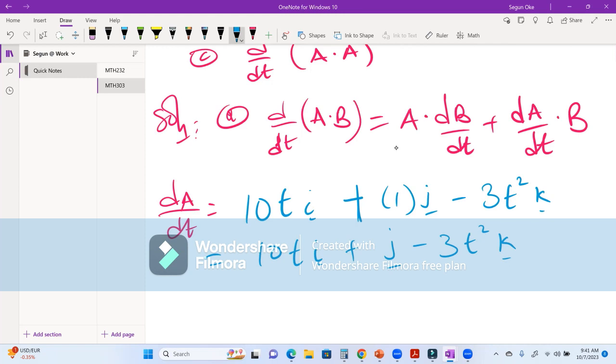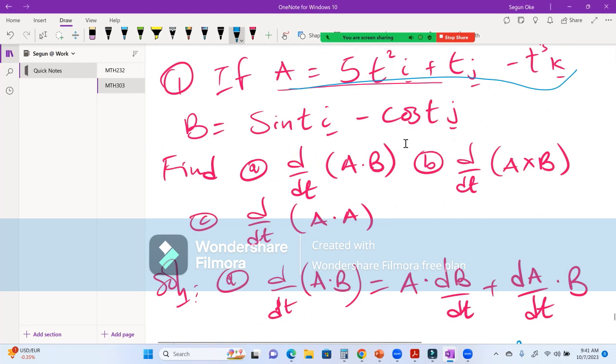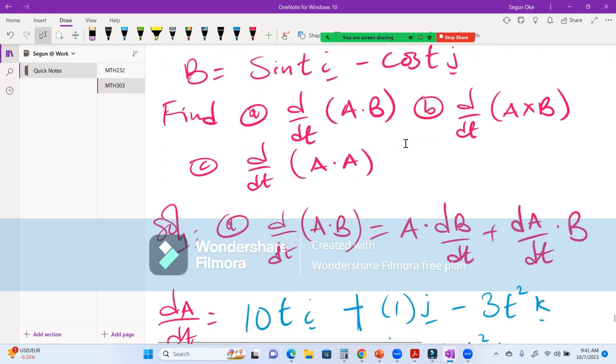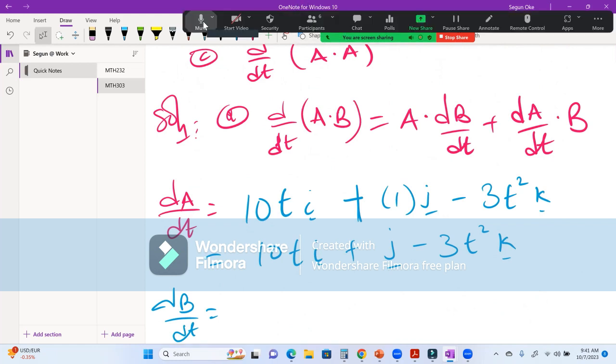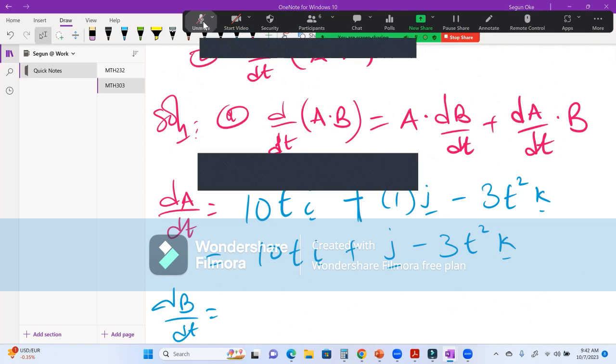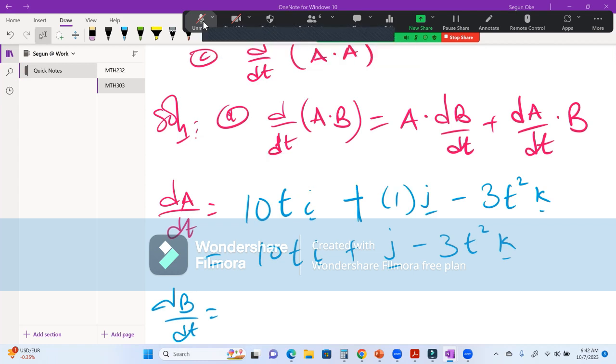Now, the next thing is dB/dt. What is dB/dt? Can we quickly do that?